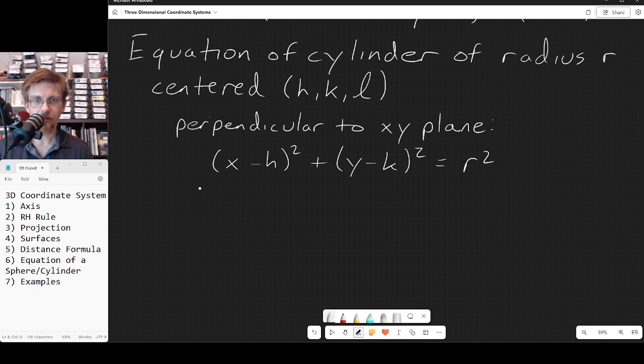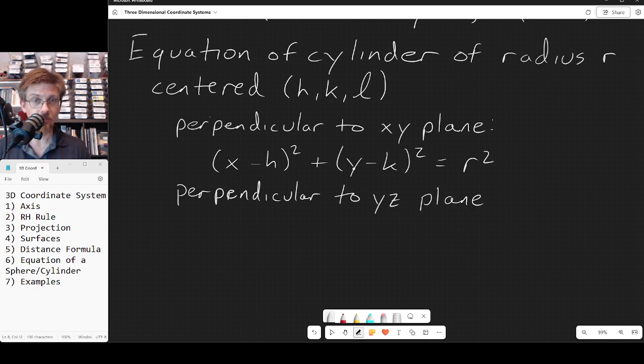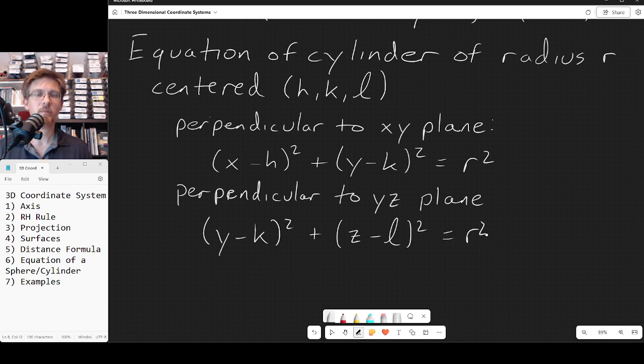So if we did perpendicular to the YZ plane, so just like up here when it's perpendicular to the XY plane, the X and Y were included. Perpendicular to Y and Z, it means that Y and Z are going to be included. So it's going to be Y minus K squared plus Z minus L squared equals R squared.